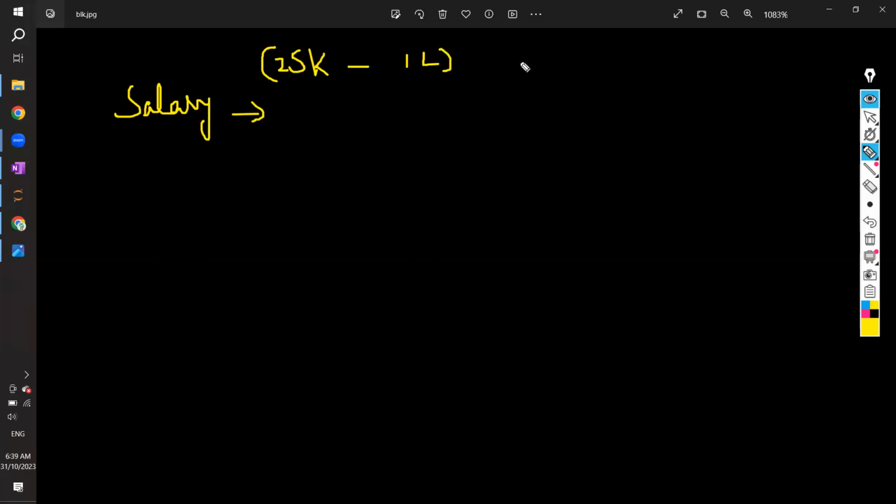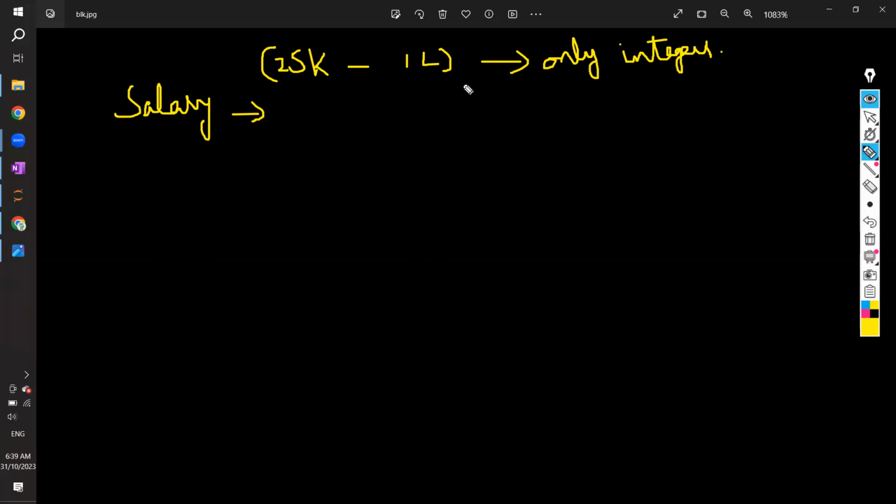But for simplicity, only integers are allowed, that means no decimals, only whole numbers.